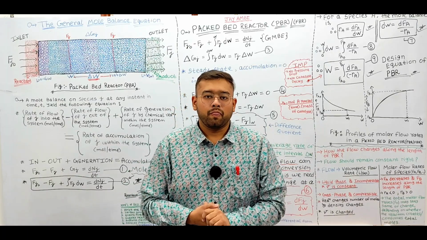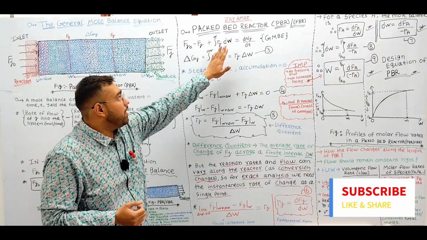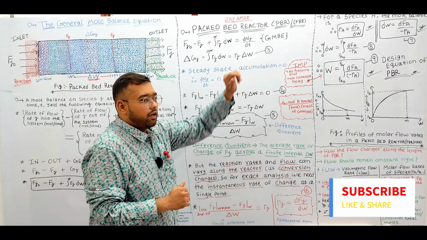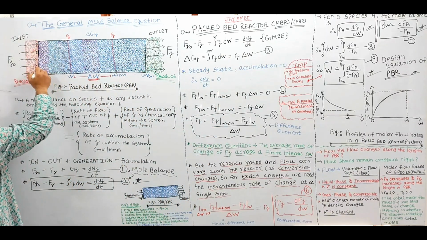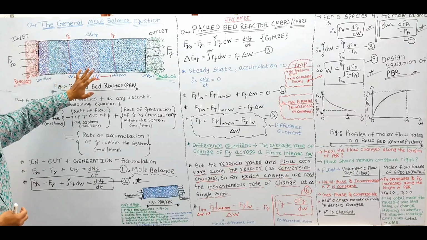So let's get started. First of all, we'll understand the terms packed bed and reactor. First, the term reactor. Here you can see this figure demonstrates the diagram of the packed bed reactor.